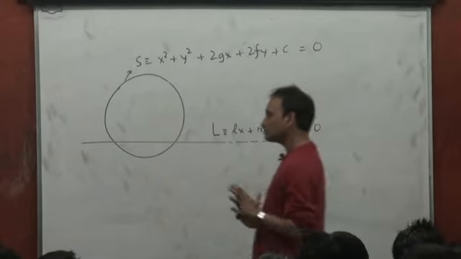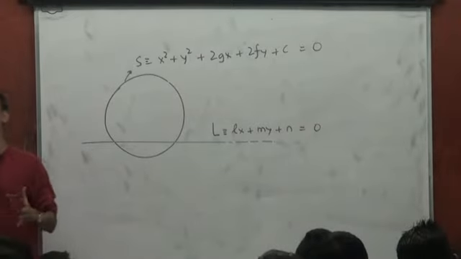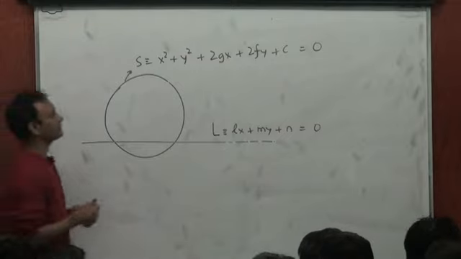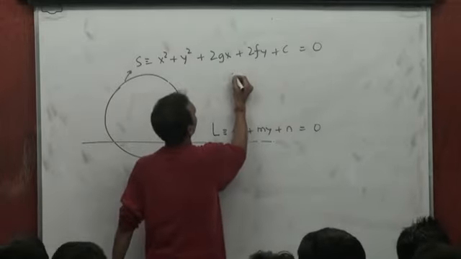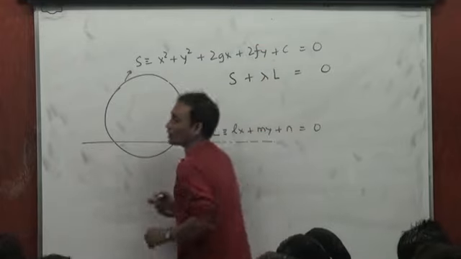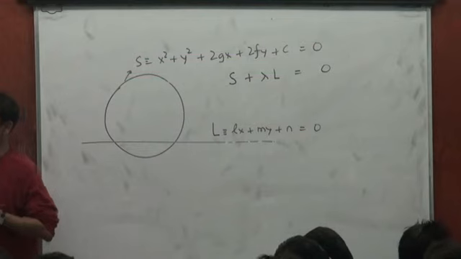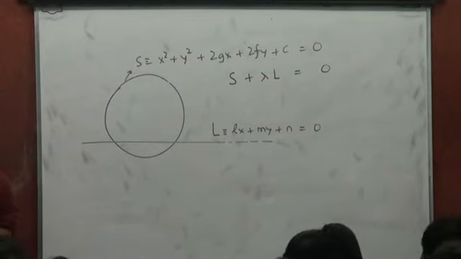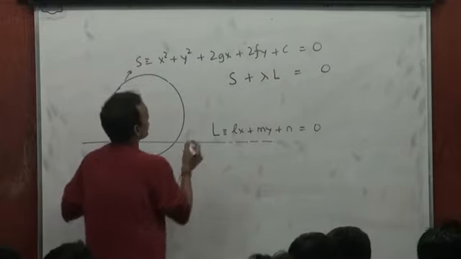Now, let me look at a linear combination of S and L. S plus lambda L equal to 0. Let's see what this is going to represent. What is S?